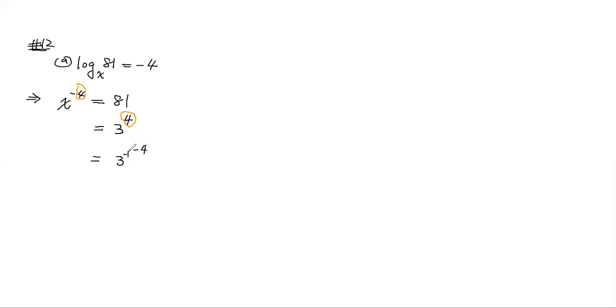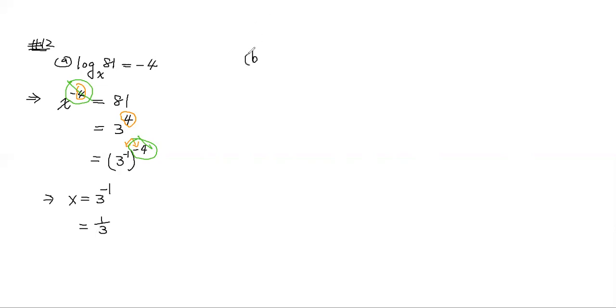So I need to add a -1 here. The negative times negative will give you the +4. Now this function has -4 and this function has -4 on the exponents, so you can cancel that out. Then what is the x value? X is equal to 3 to the -1. So what is 3 to the -1? It is 1/3, right?